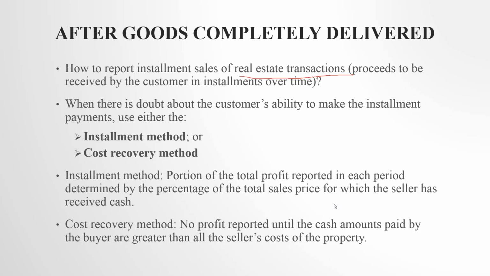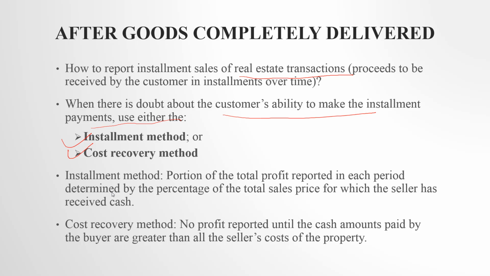If you're a company that is selling real estate assets and there is some doubt about the customer's ability to make installment payments in the future, we use either the installment method or the cost recovery method.